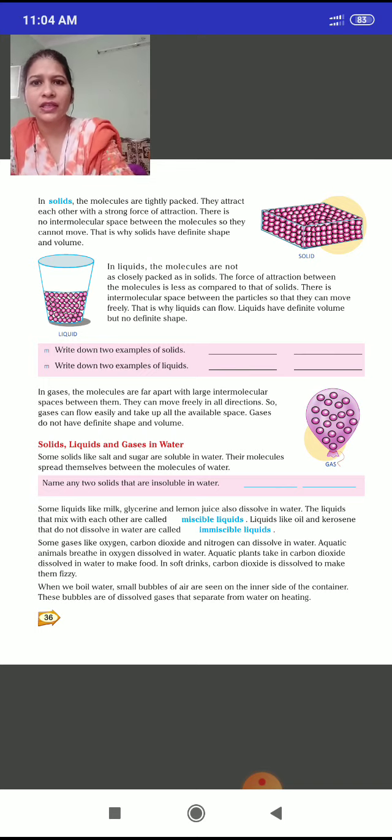If you look at the picture, in that rectangular shape you can see the small tiny particles. They are very tightly packed and attached, and they attract each other with a strong force of attraction.